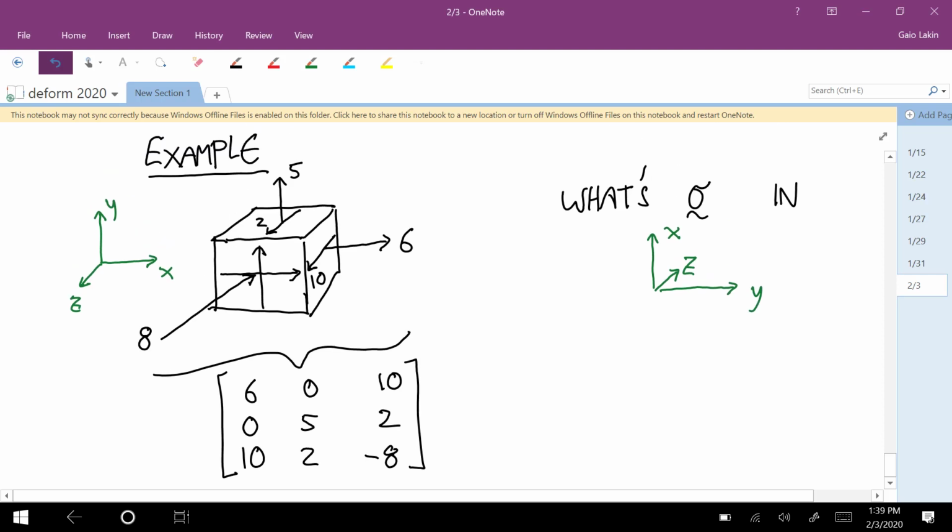So how would you get from this coordinate system to this one? We need a rotation matrix. What are we doing? You could think of it as two different transformations. In order, you could rotate positive 90 degrees about the z-axis.